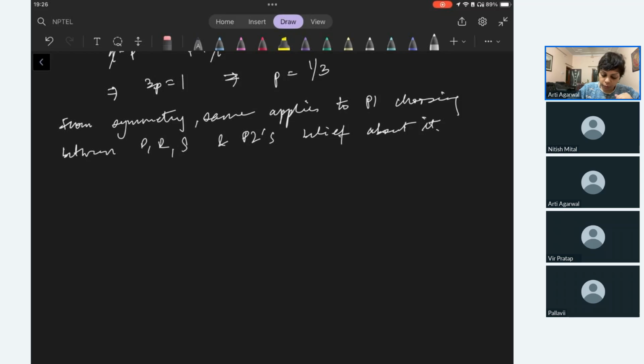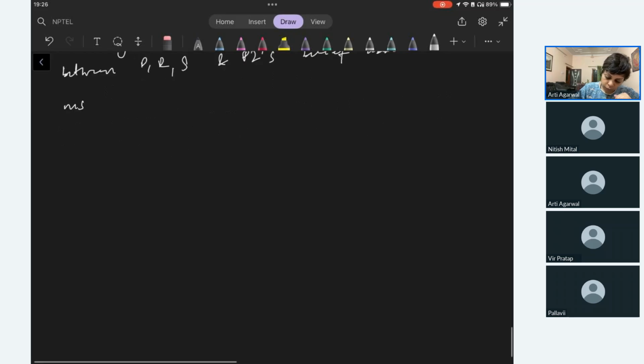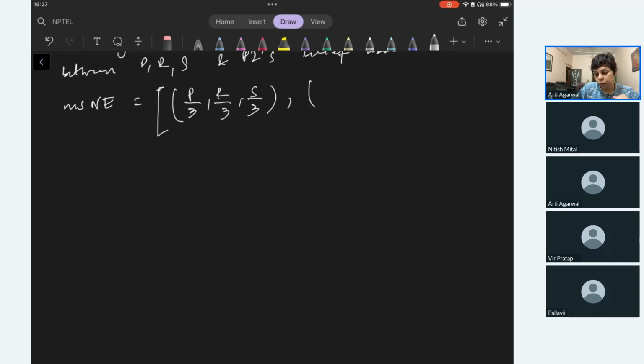So the Nash equilibrium comes out to be the same.